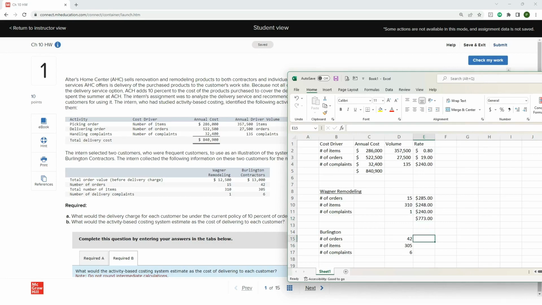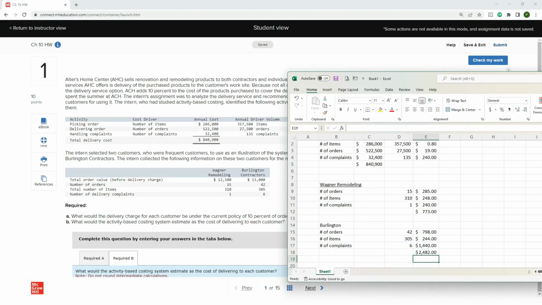Then for Burlington, I'll do the same thing. Number of orders times $19. Number of items times 80 cents. And the number of complaints times 240. And that total is $2,482.